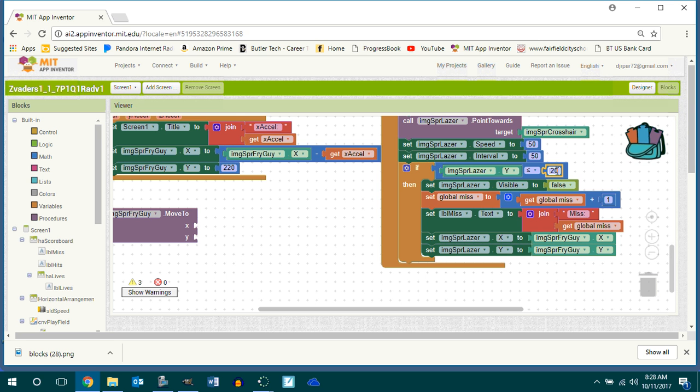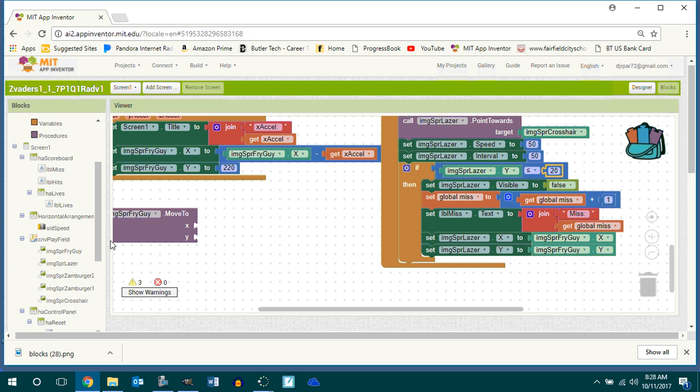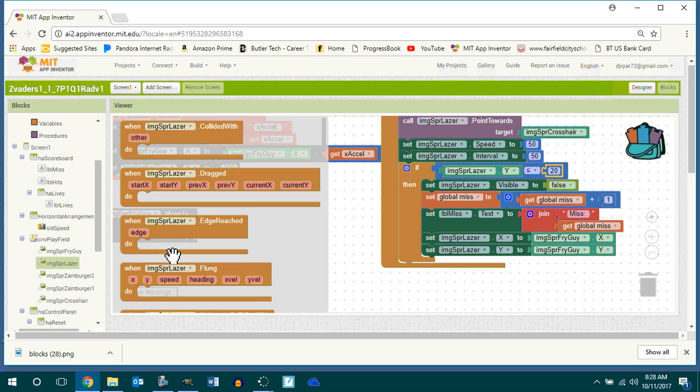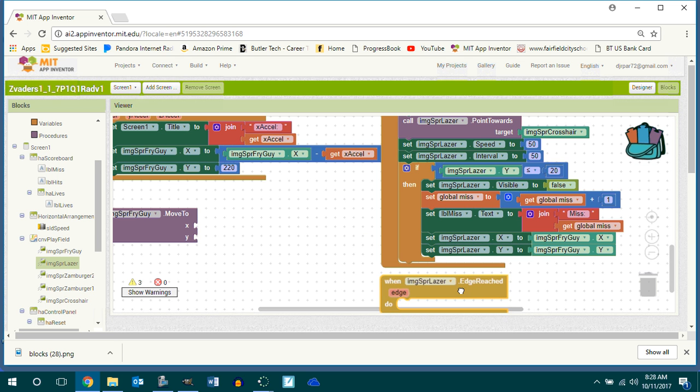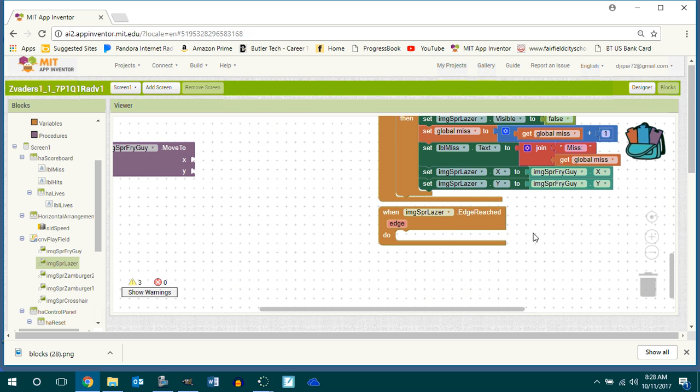Or what we might have to do is hit an edge, right? Can we do that? So there's another way of solving this problem here. If image sprite laser reaches an edge, right? What edges could it hit?